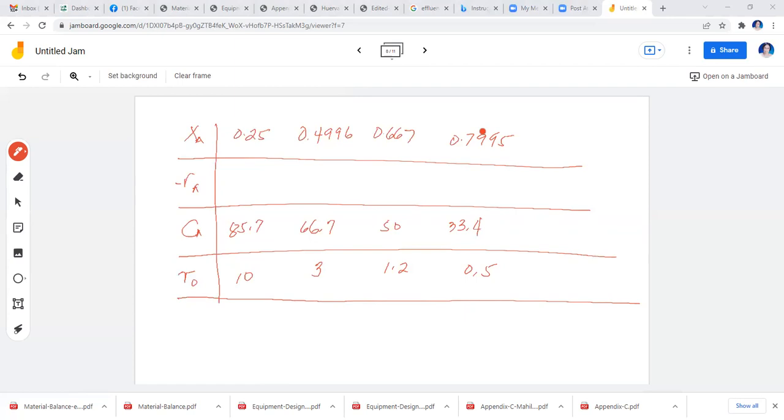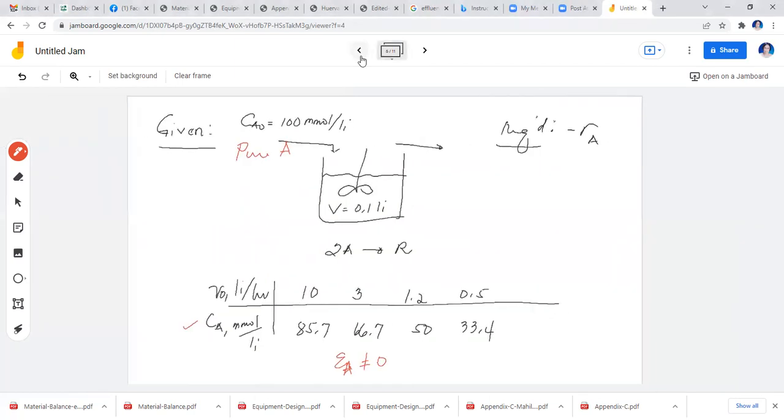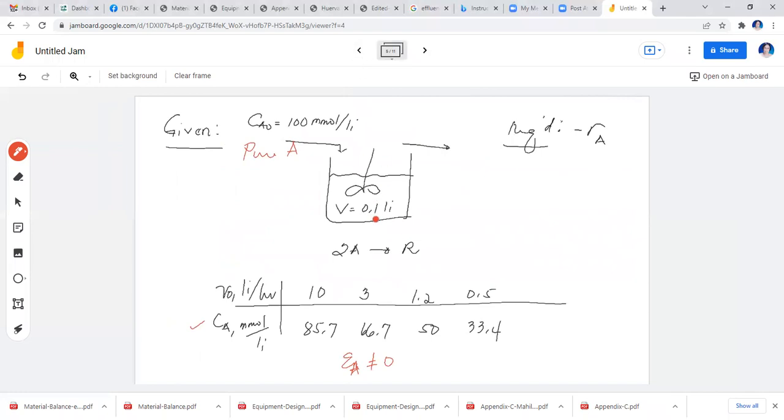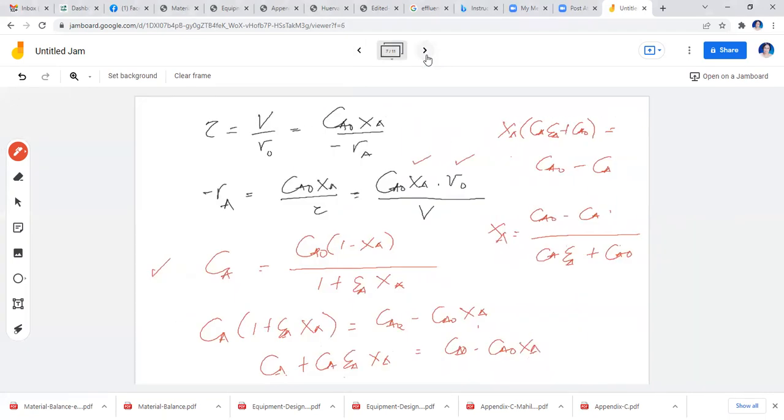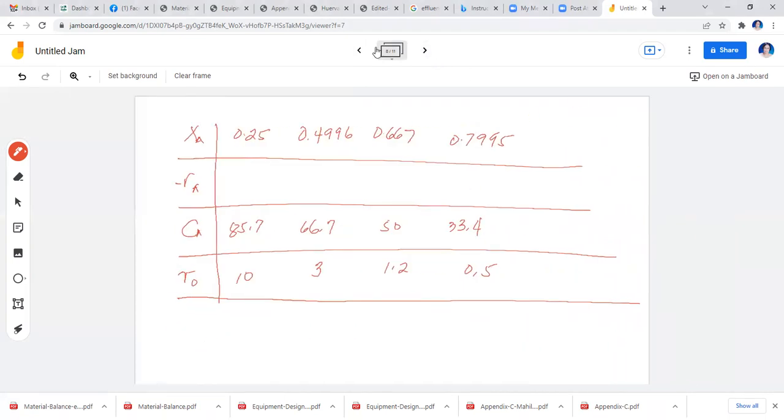Okay, the volume is, I forgot to give you the volume, 0.1 liter. Volume is 0.1 liter. This is your set of information. Right here, the volume.